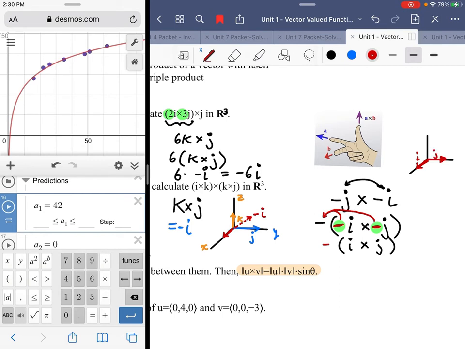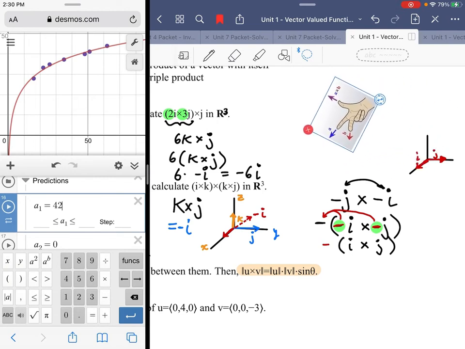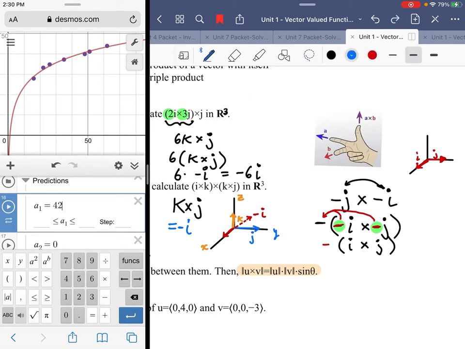Then by the right-hand rule, again, it's kind of hard to get at here, but applying the right-hand rule, the resulting vector would be in the upward direction. All right, that would be my K.